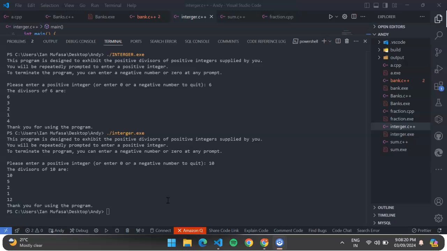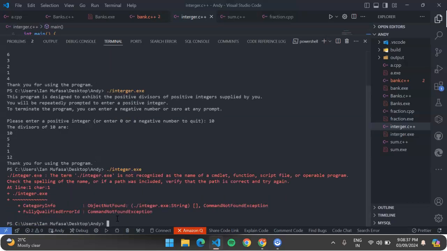Then we run it again and test for negative integers. Sorry for that, I gave it a wrong command that it doesn't understand.